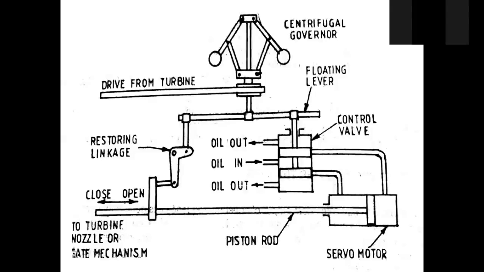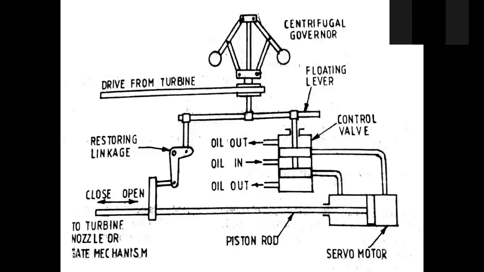Now let us see the working of this governing mechanism. If electrical output is reduced, then the turbine speed increases. If the turbine speed increases, due to the drive system it moves the two fly balls, and the fly balls rotate with a high speed.